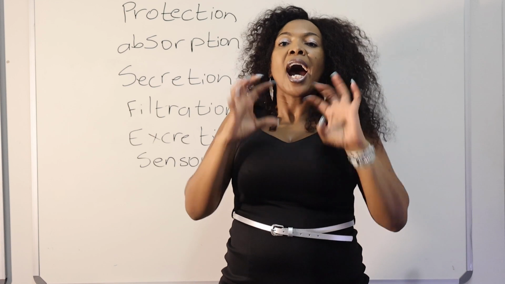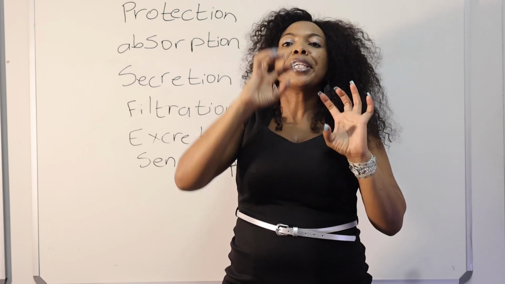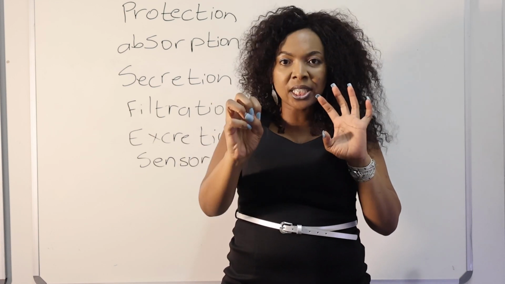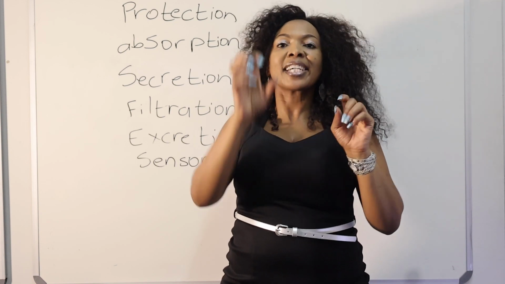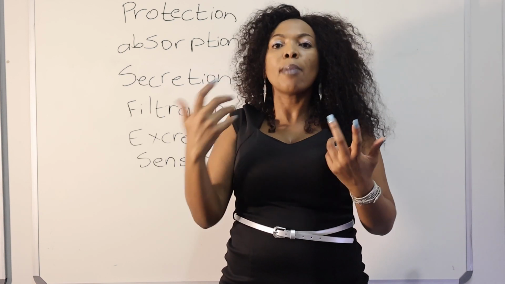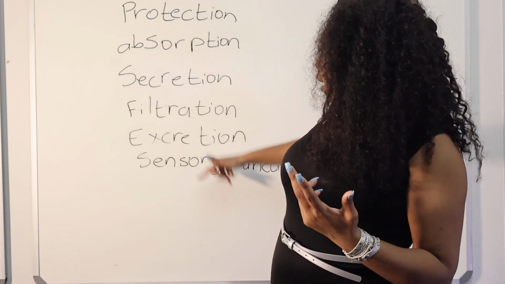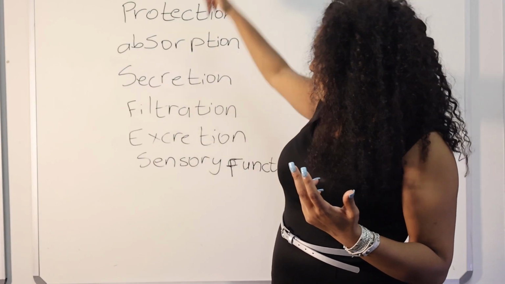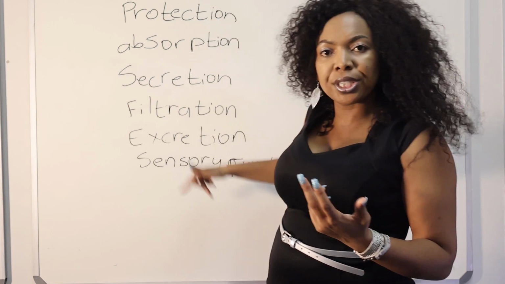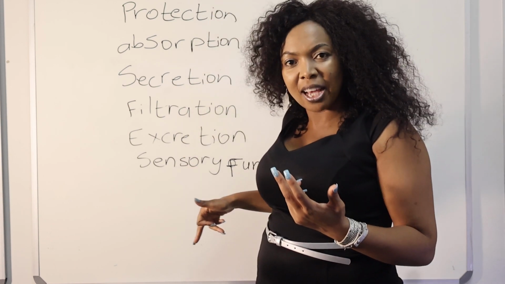You will see that how the epithelium is formed, its structure, and the number of layers that it has determines its function. As you can see, we have quite a multiple number of functions of the epithelium.